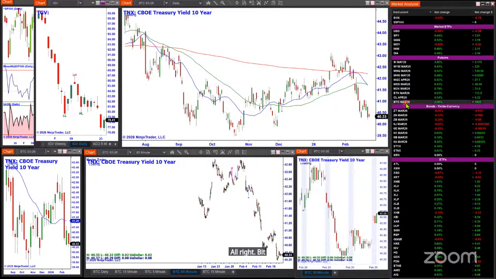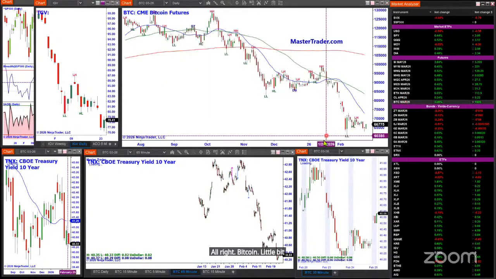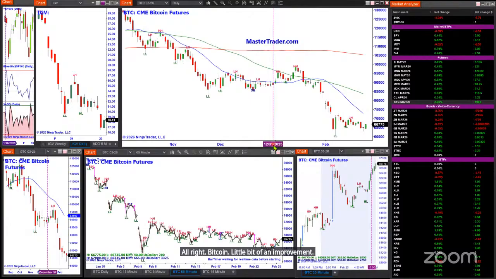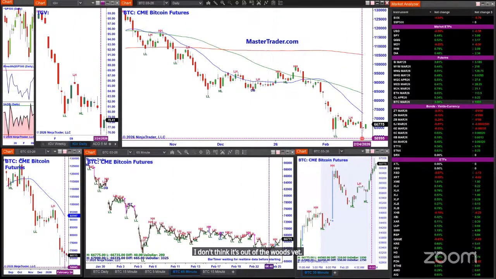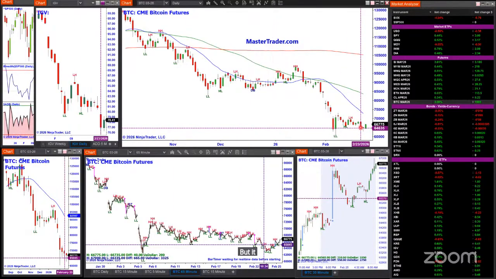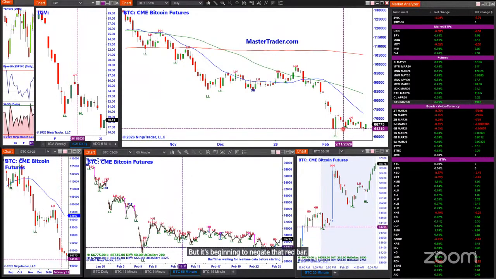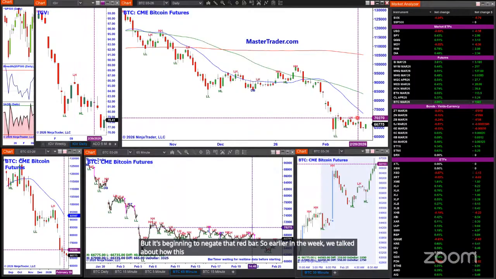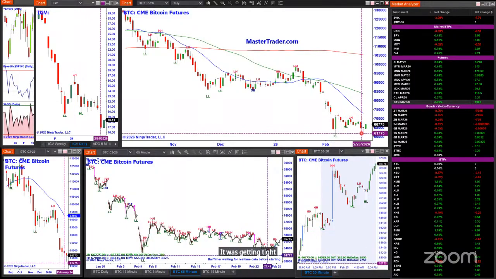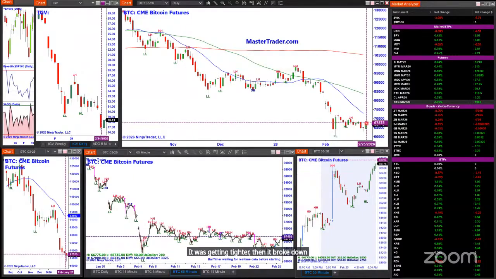All right. Bitcoin, a little bit of an improvement. I don't think it's out of the woods yet, but it's beginning to negate that red bar. Earlier in the week we talked about how this was coiling and getting tighter. Then it broke down, and now it's coming back up again.